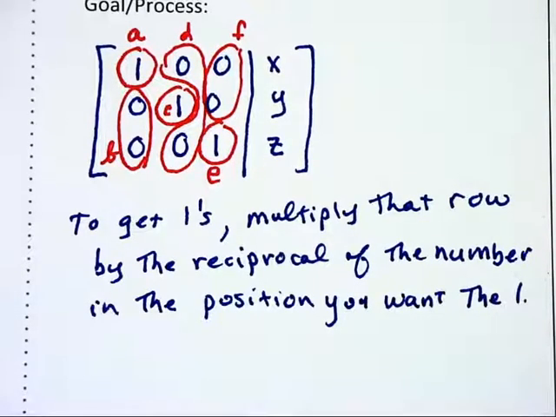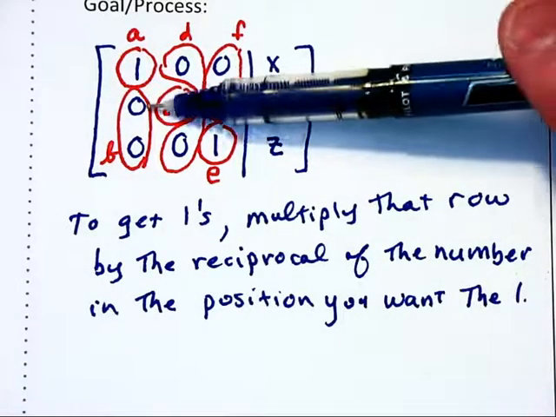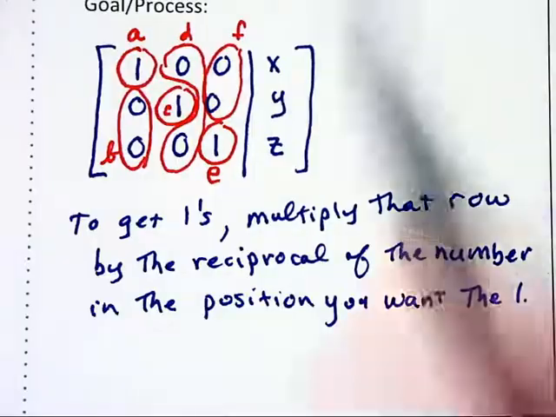In other words, let's say that 1 was a 6 and you wanted the 1 there. You would multiply through by 1/6 on that row.